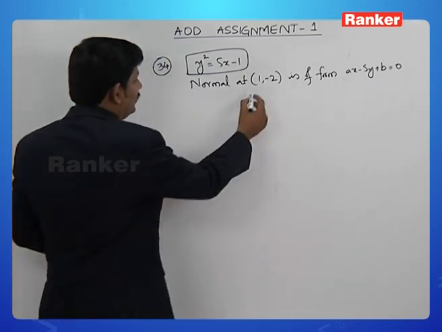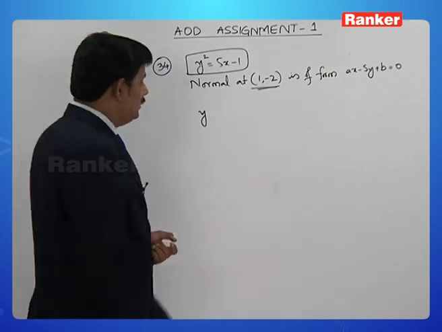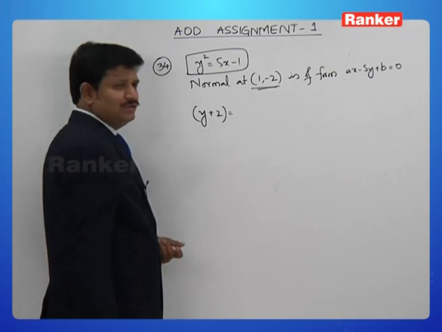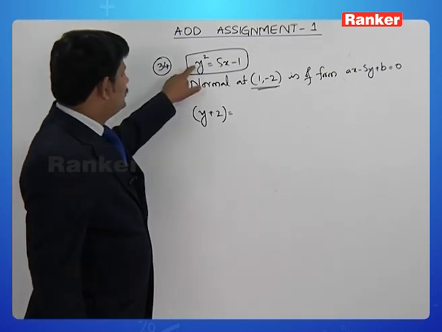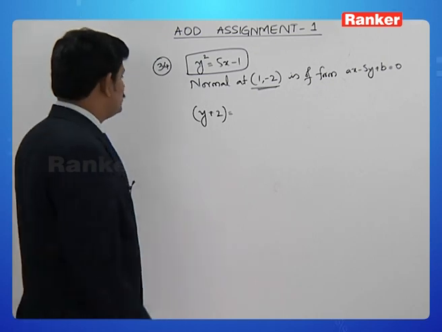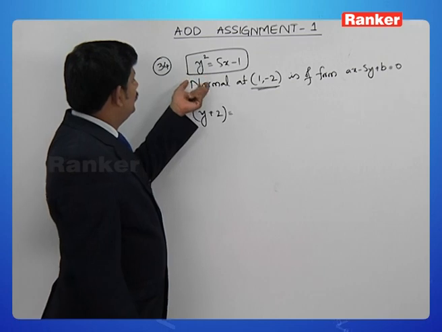So, let us find the normal at 1 comma minus 2. The normal at any point is given by y minus y1, that is y plus 2, is equal to m into x minus 1, where m is minus dx by dy, minus 1 by the slope of the tangent.